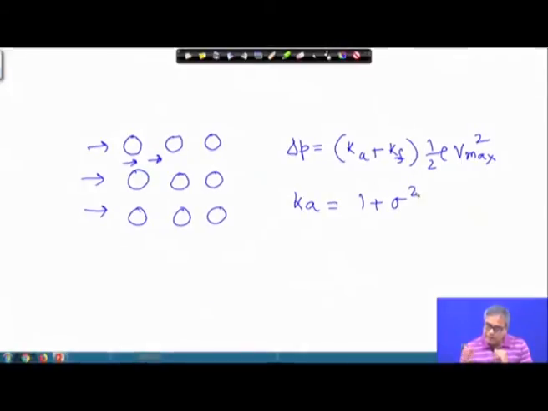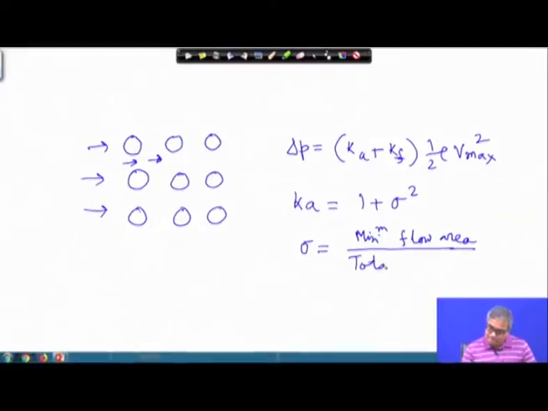Again I will get another relationship for K A, and then sigma, what is the sigma? Sigma is some sort of a geometrical parameter. This is the minimum flow area. Some of these things have been used earlier, divided by the total frontal area.